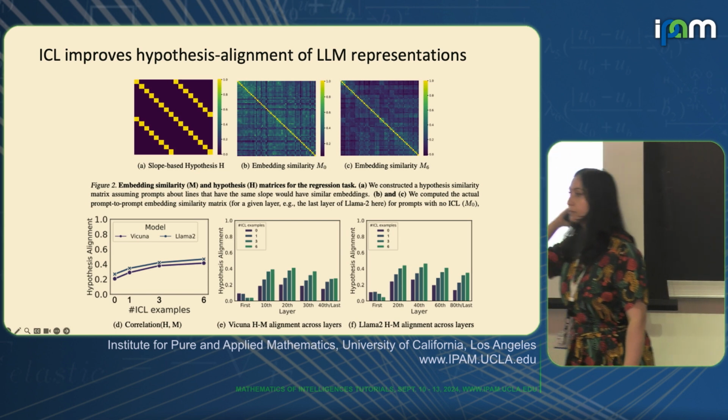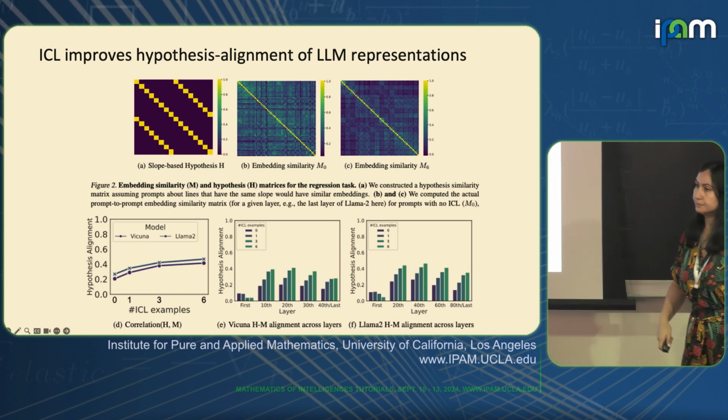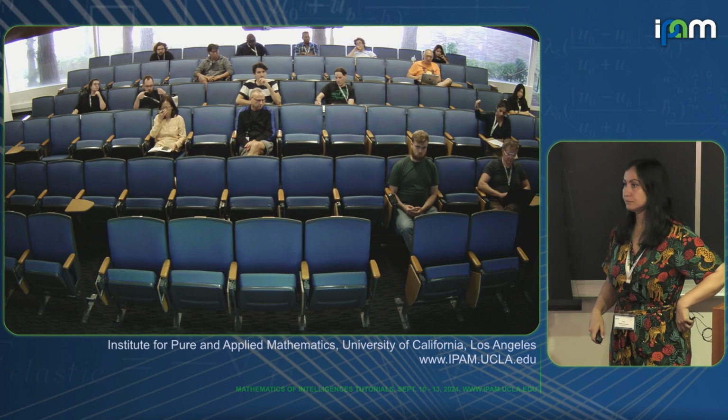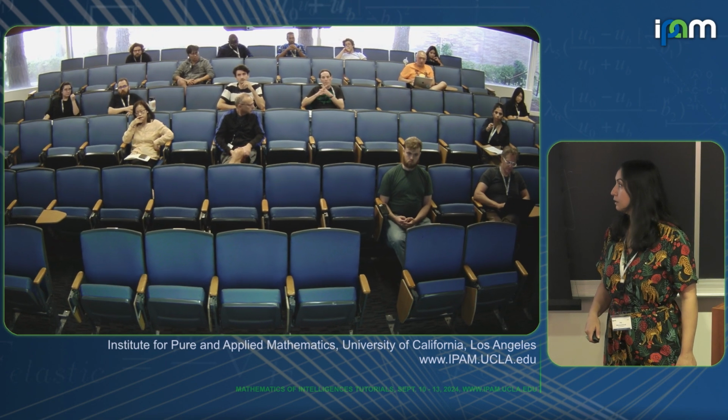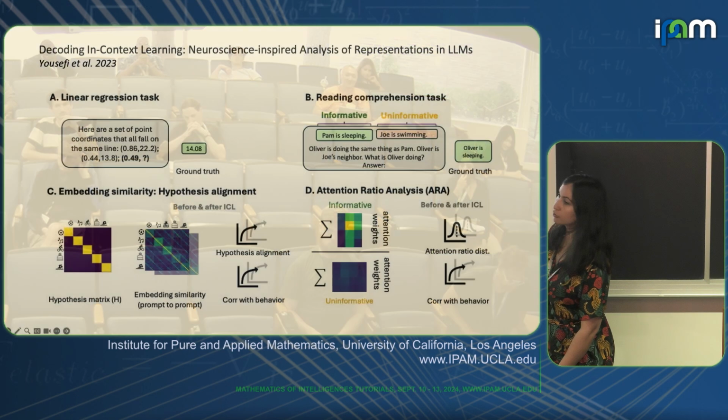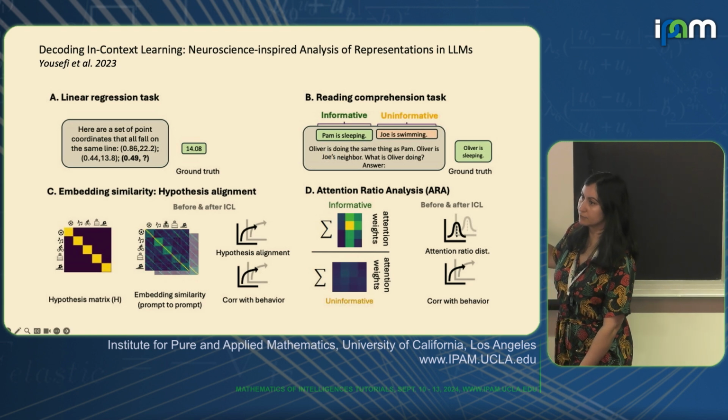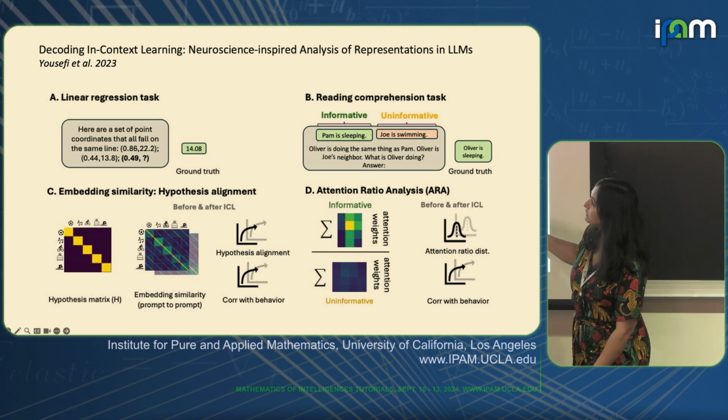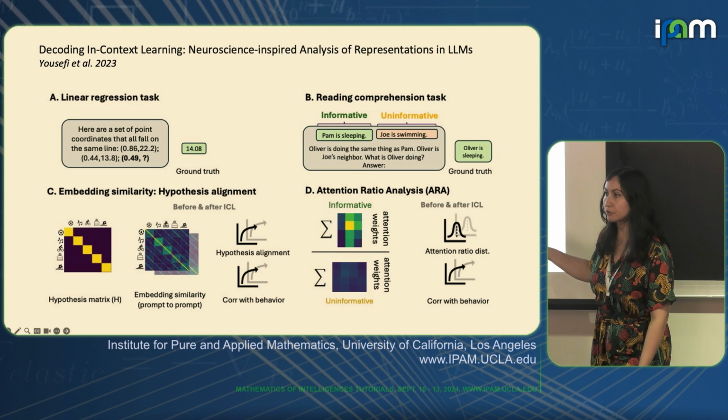I have a question about the aggregation on the previous slide. Is that summation across all the prompts? No, it's for each prompt. We do it for each prompt. Each prompt has a separate metric of this ratio, because there can be multiple uninformative and multiple informative pieces of information. For instance, Oliver is doing the same as Pam is also informative.